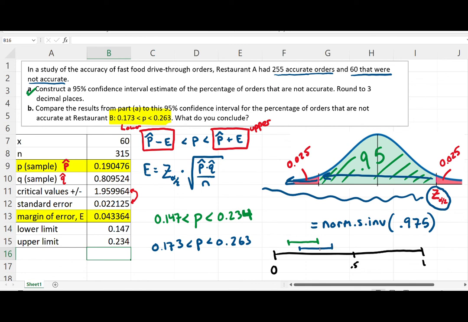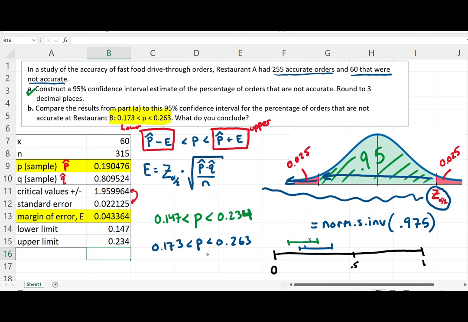So you see, they're overlapping each other. So it doesn't matter that part of the green interval is below the blue interval or part of the blue interval is above the green interval. It doesn't work that way. What this is saying is we're 95% confident the true proportion is somewhere in this range. Well, it could be anywhere. The actual proportion could be here for the green one and here for the blue one. We don't know. So, long story short, if the two intervals overlap, then there is no significant statistical difference between the two.